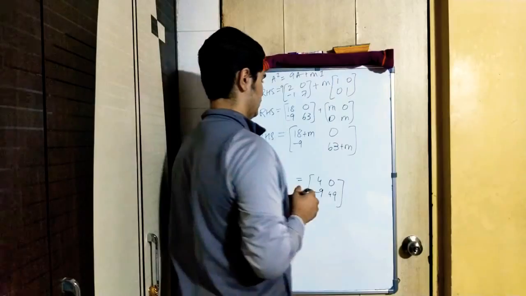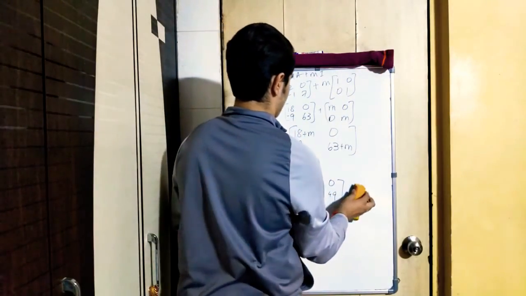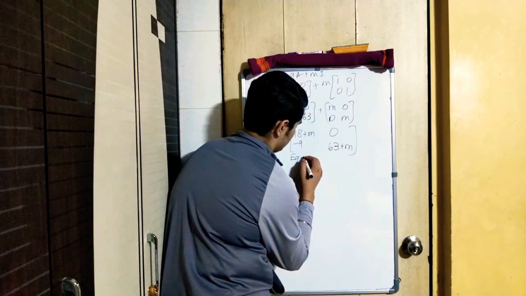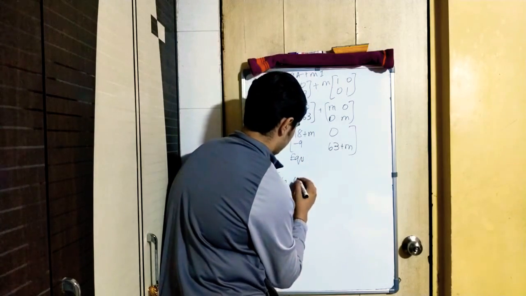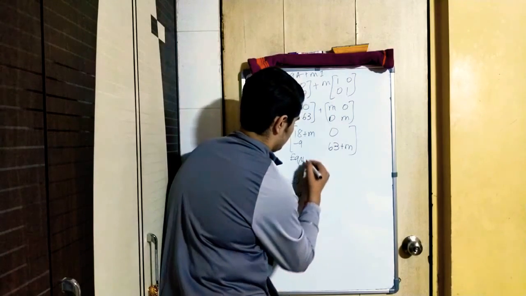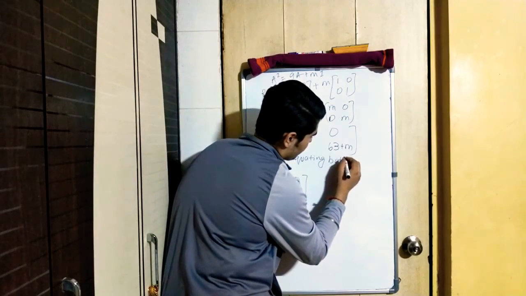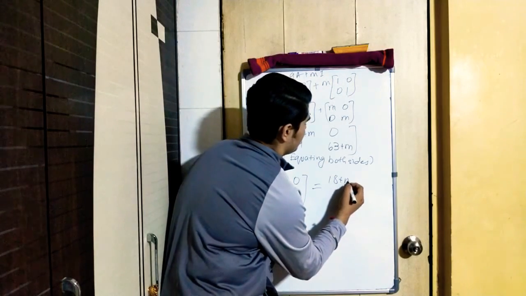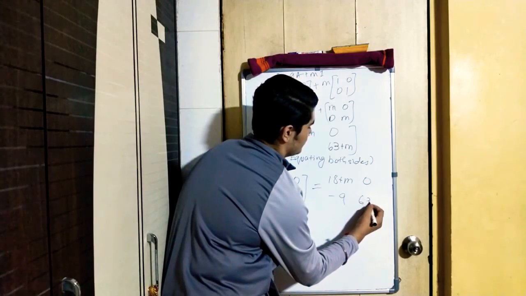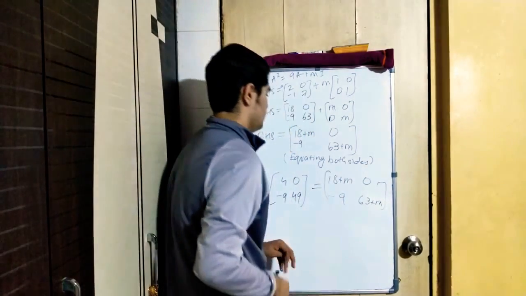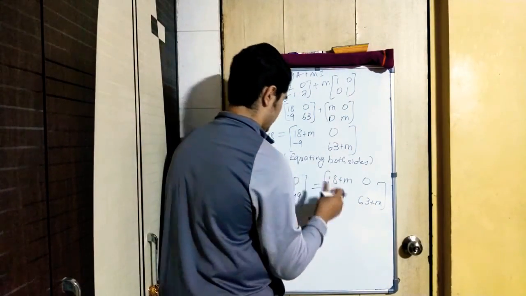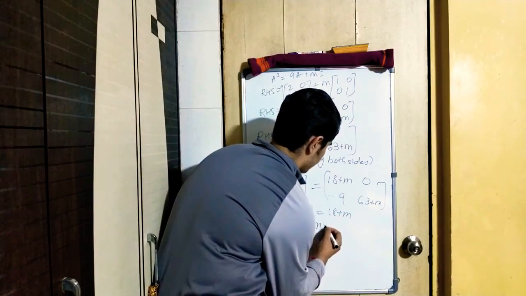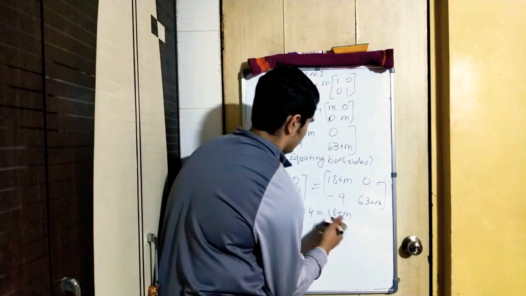We equate LHS and RHS. What do we get? 4 0 minus 9 49, equating both sides is equals to 18 plus M, 0 minus 9, 63 plus M. So now we take the first term here, 4 is equals to 18 plus M. M is here, we take 18 on the LHS.